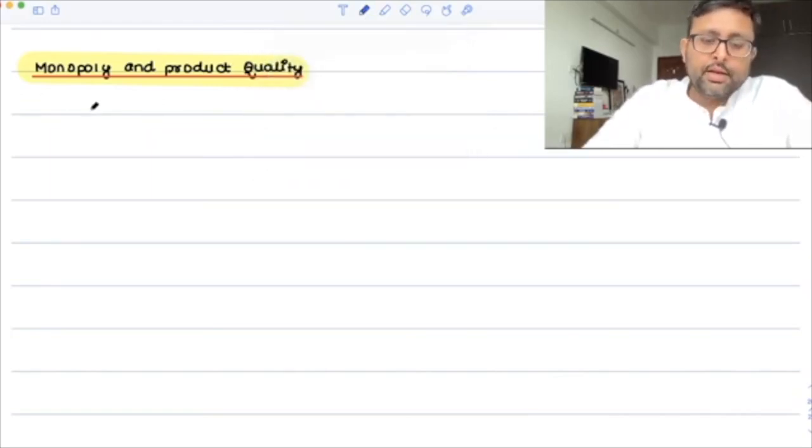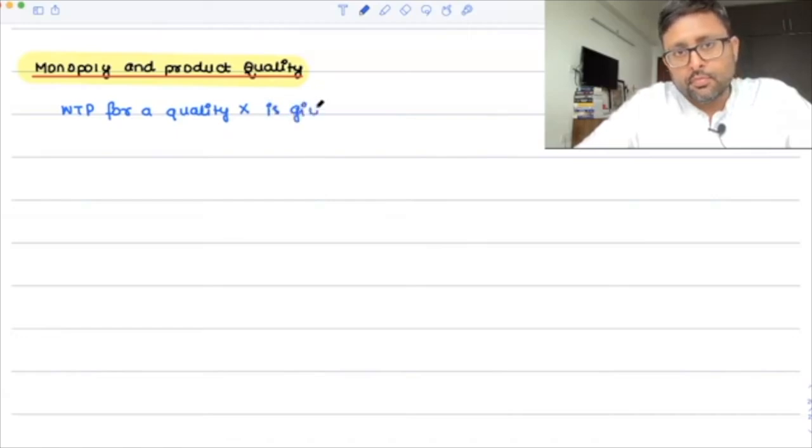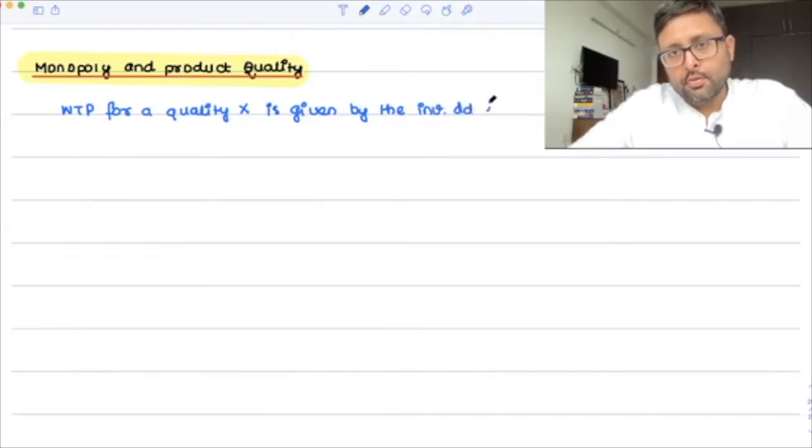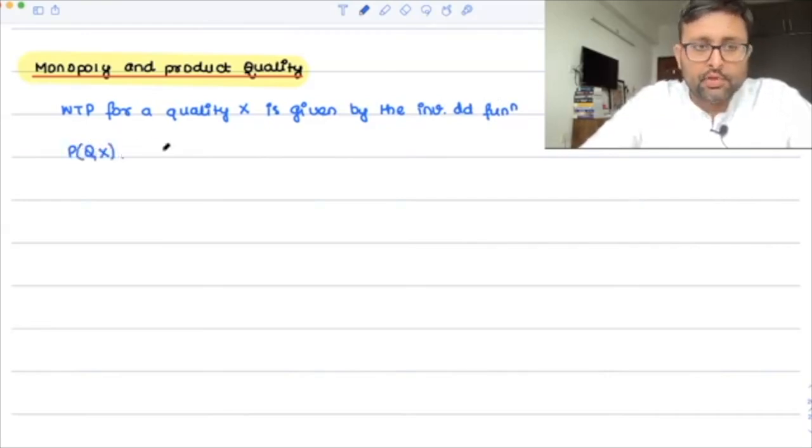Suppose there's a consumer and his willingness to pay for a quality X. So X is a quality, and his willingness to pay for a quality is given by some inverse demand function, P(Q,X). So Q is the quantity, X is the quality, right?